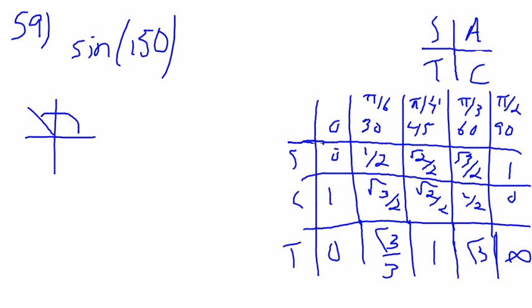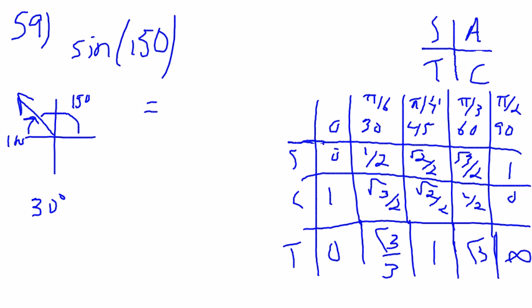I'm going to land in this quadrant right here, 150 degrees. I need to figure out the reference angle. So to do that, I look at how long it would take me to get to the x-axis. Since this is 180 degrees, I can subtract the two and get 30 degrees. So my reference angle is 30, which I'll use in the next step.